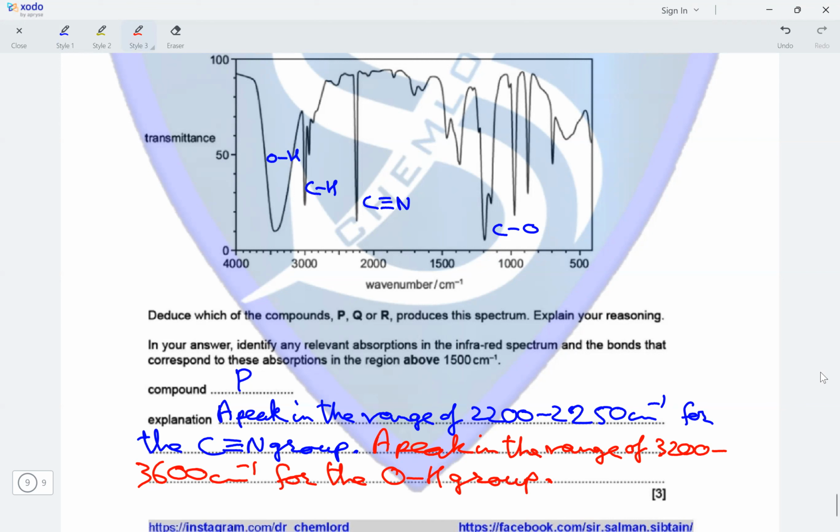So a hydroxynitrile would have both of these peaks present in its infrared spectrum. Therefore, the compound that has its infrared spectrum displayed here is compound P.